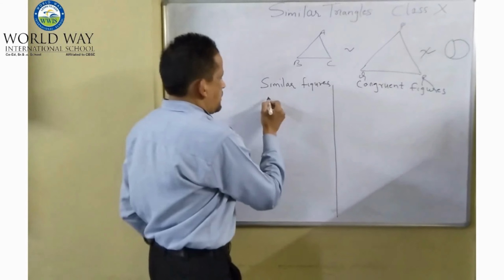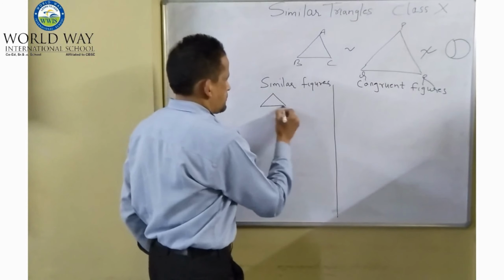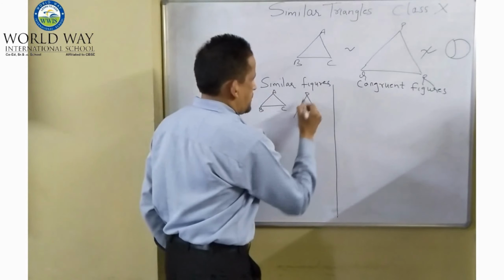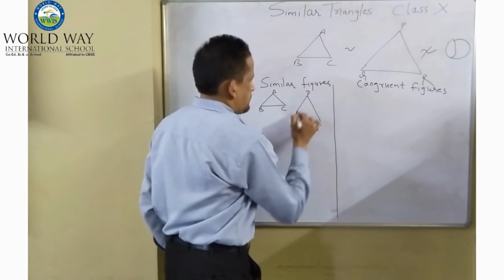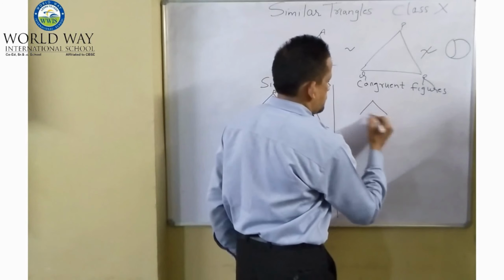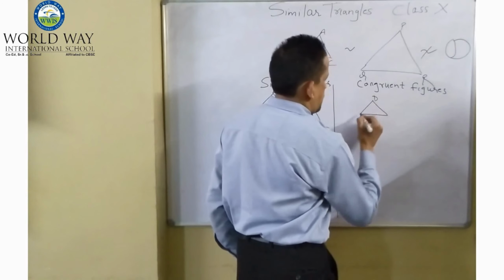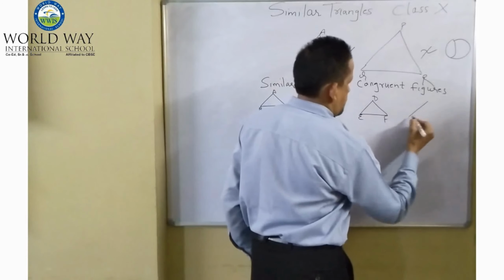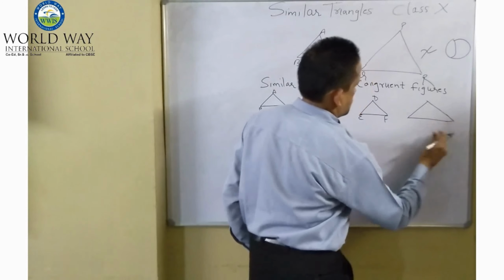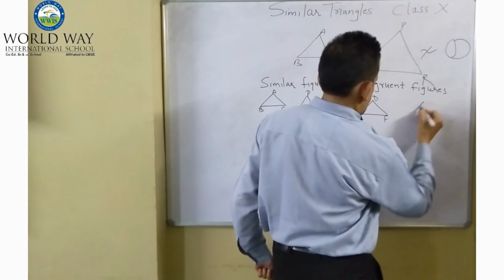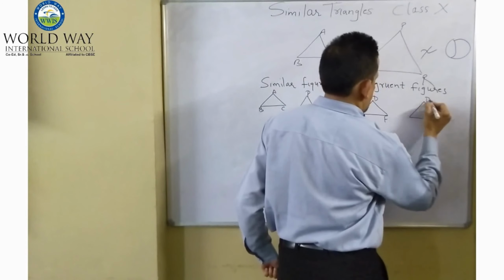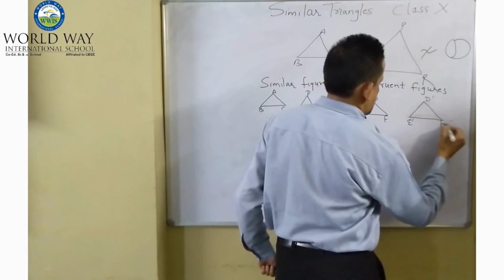I am drawing again two figures here, triangle ABC and triangle PQR. Here triangle DEF and triangle D', E', F'.